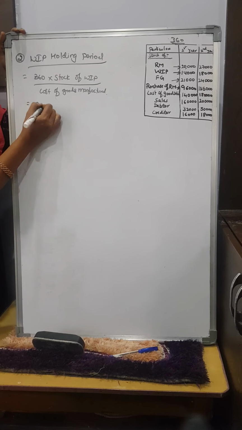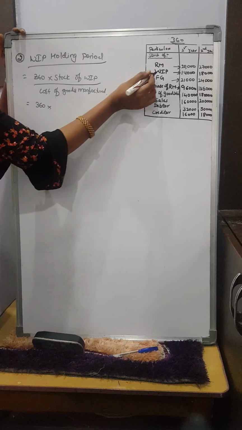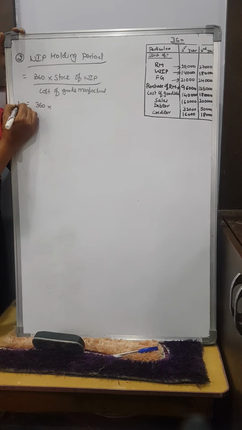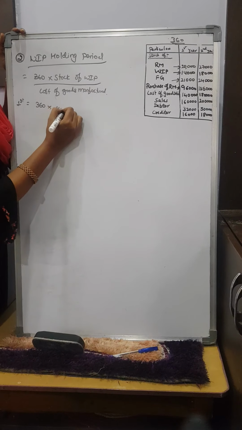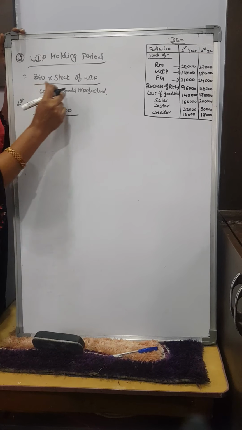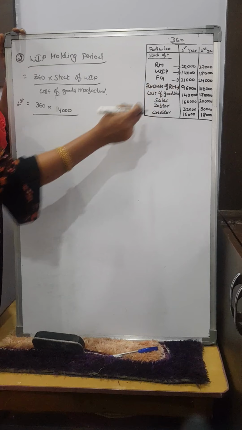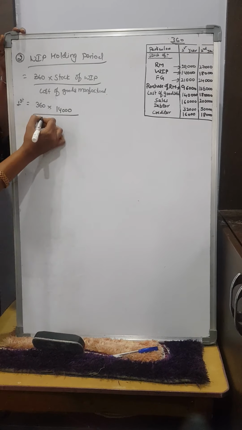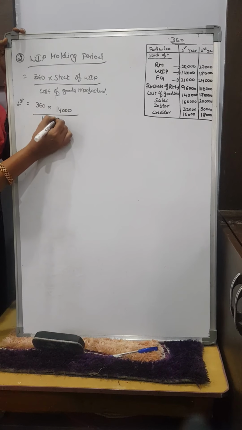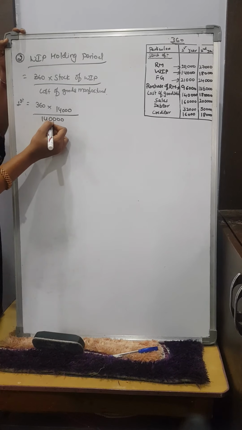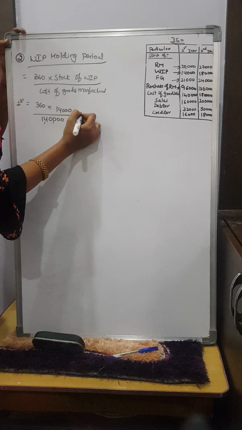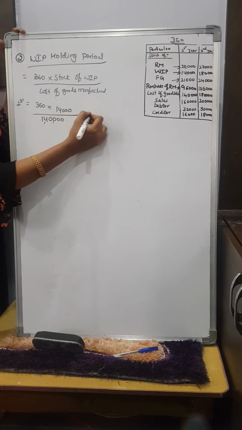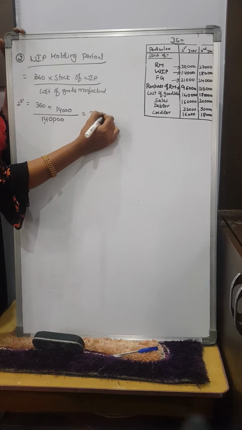So 360 into what is the stock of work in progress for the first year? Again I am doing the first year first. It is 14,000. And the cost of goods manufactured is nothing but the cost of goods sold. For the first year, it's 1,40,000. If you substitute, you will be getting 36 days.